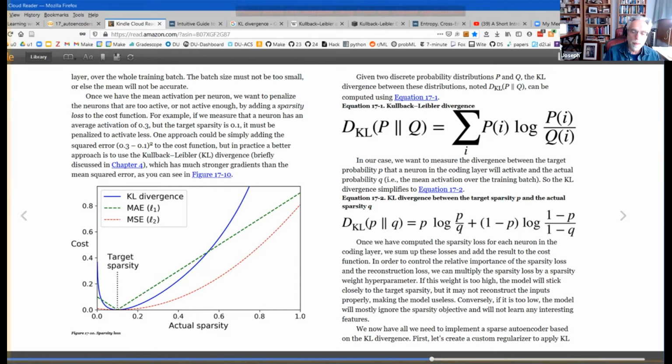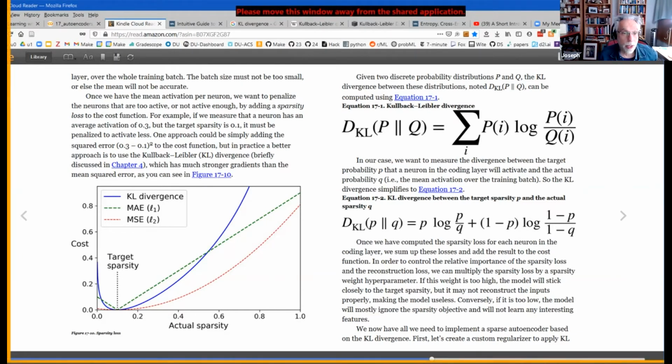And the log term is the ratio of the target probability to the actual probability. I believe that's the order of P and Q. So in this case, P is the target sparsity, and Q is the actual sparsity.